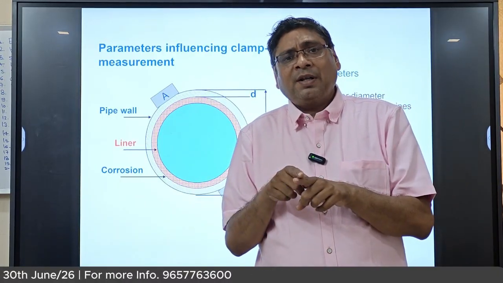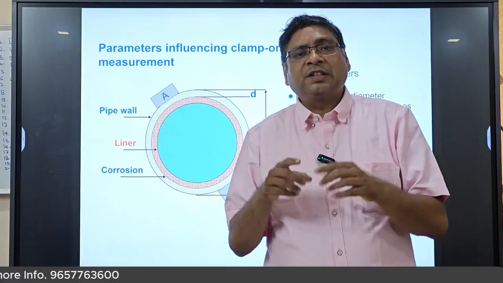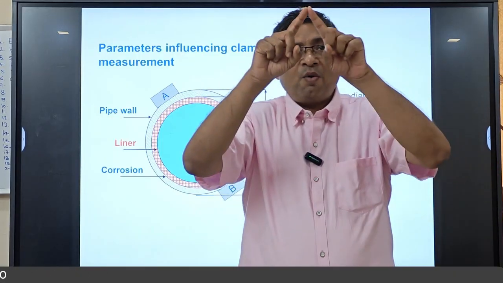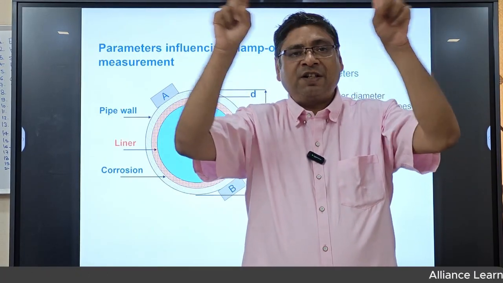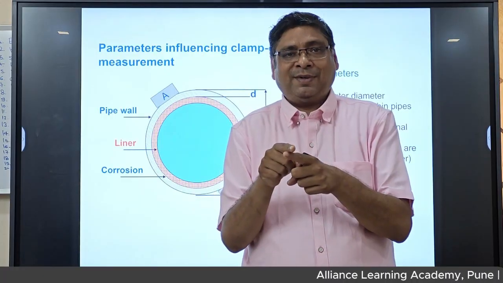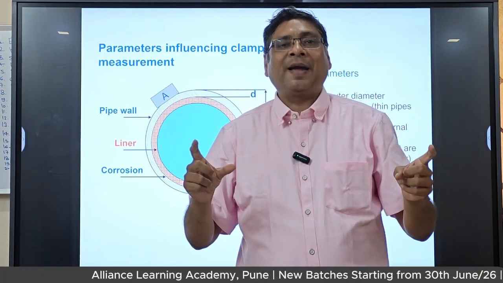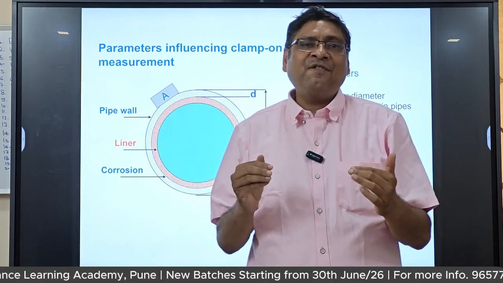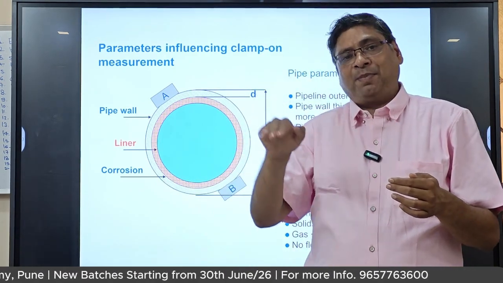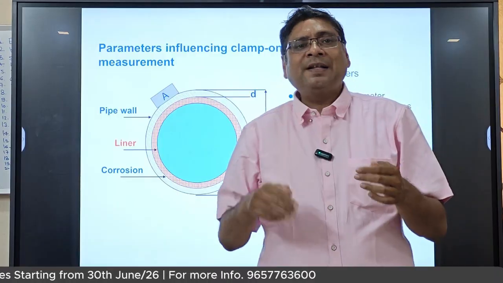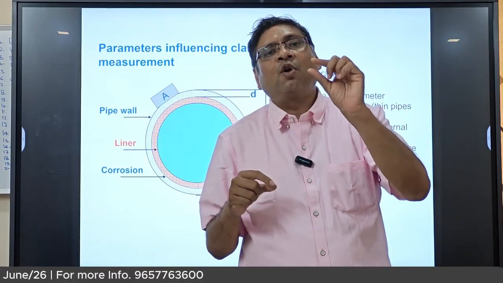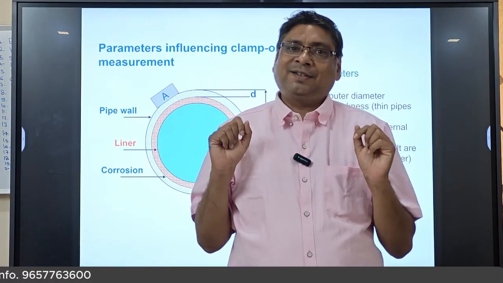clamp-on. Then we have to consider many other things, like we discussed in the previous session: OD of the pipe, thickness of the pipe, ID of the pipe, right? And if it's a lined pipe, with some liner inside the pipe, then the thickness of the liner we also have to consider.